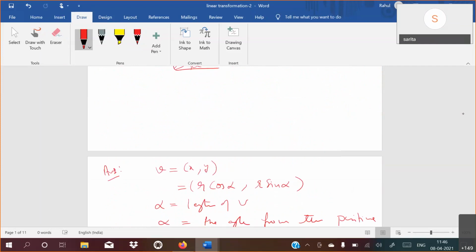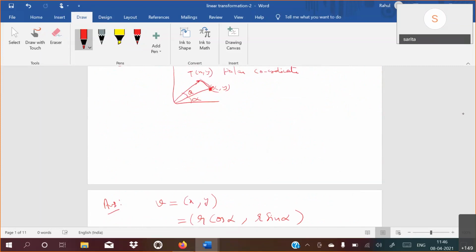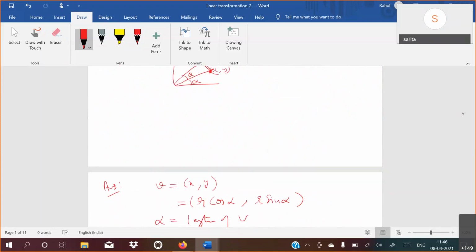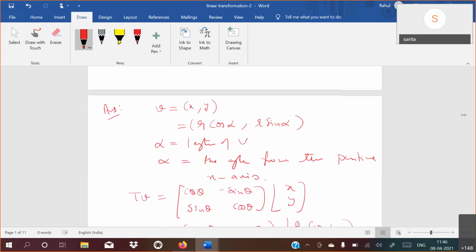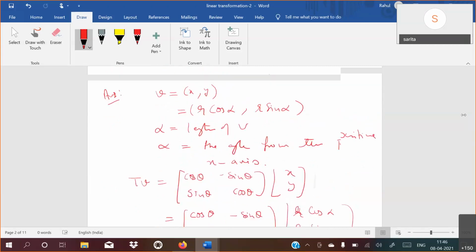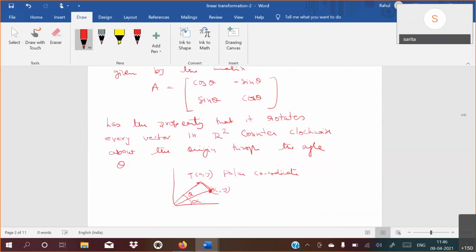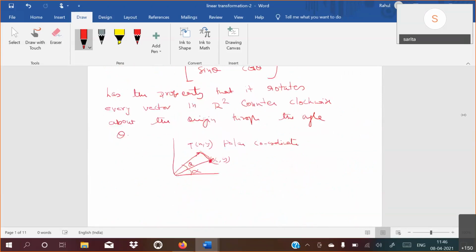Now to prove this, we can take a vector v equal to (x,y), and since here we are in polar coordinates, these x, y can be written in the form r cos alpha and r sin alpha, right? And here Tv, your transformation T on (x,y), is given by Tv equal to Av, so we can write Av.